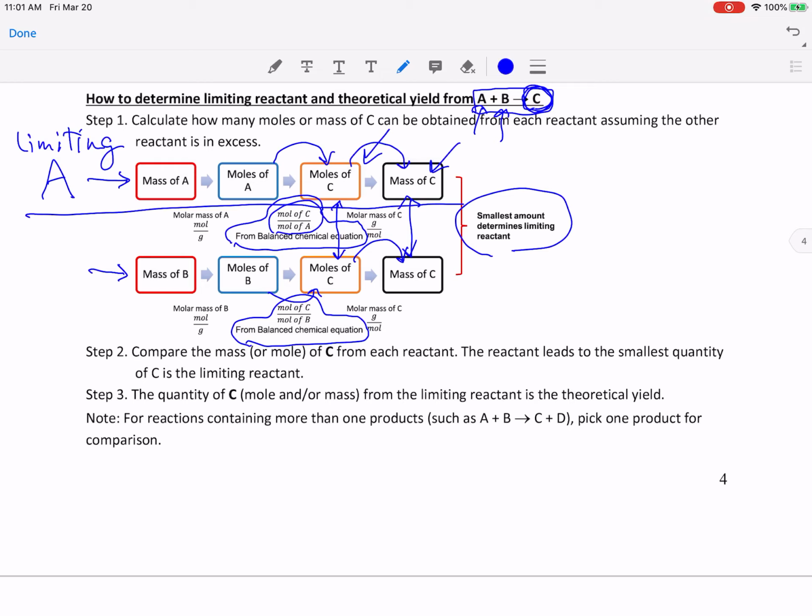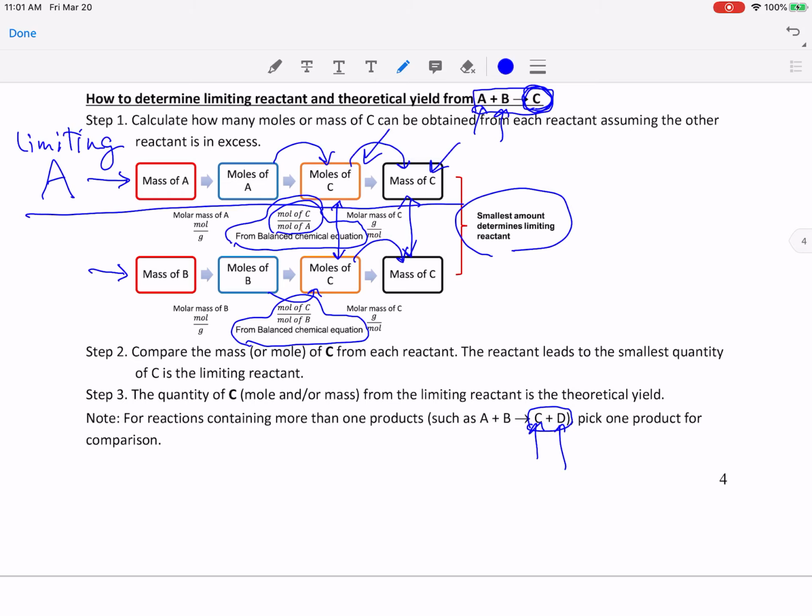And there are situations where you are given a reaction that is going to produce 2 or more products. Then just pick one product to calculate the limiting reactant, so either C or D in this case, and determine the limiting reactant.